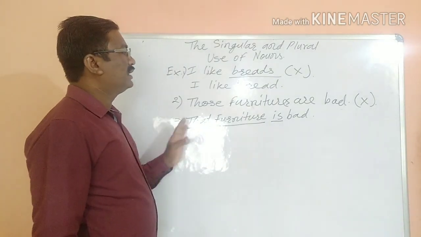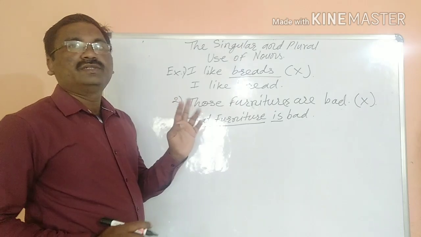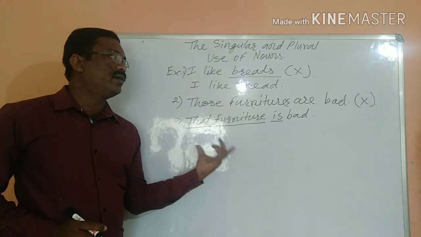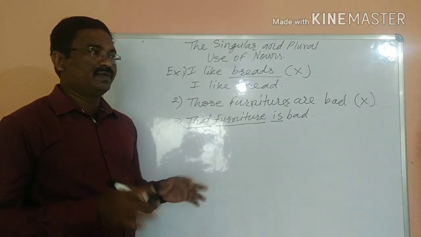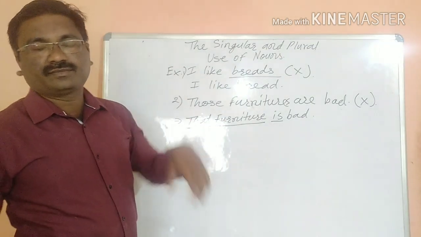Before we go to the next rule, I will tell you that some words are uncountable also, but according to their meaning it changes a little bit. For example, our hair.